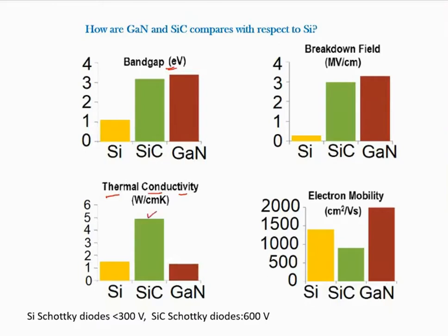So as of now, silicon carbide gives higher thermal conductivity, and the higher the thermal conductivity, the better it is for you to design. It can withstand more temperature. With a smaller heat sink, you can take out most of the heat. So these are the benefits.